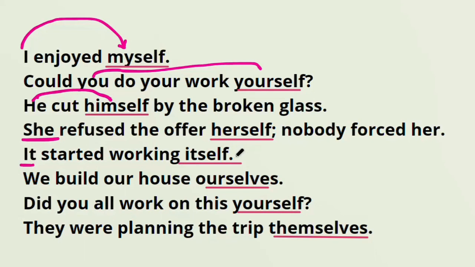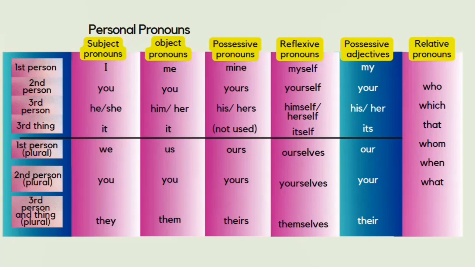It subject, itself object. We built our house ourselves. We and ourselves. Did you all work on this yourself? For second person plural, the reflexive pronoun is the same. Yourself, yourself. They were planning the trip themselves. They, themselves. And now the chart that we have is something like this.